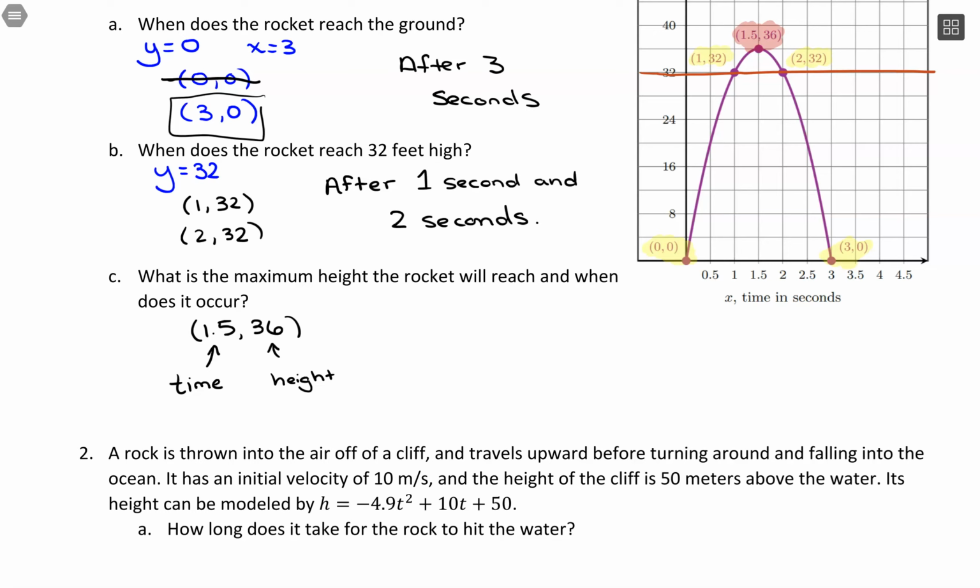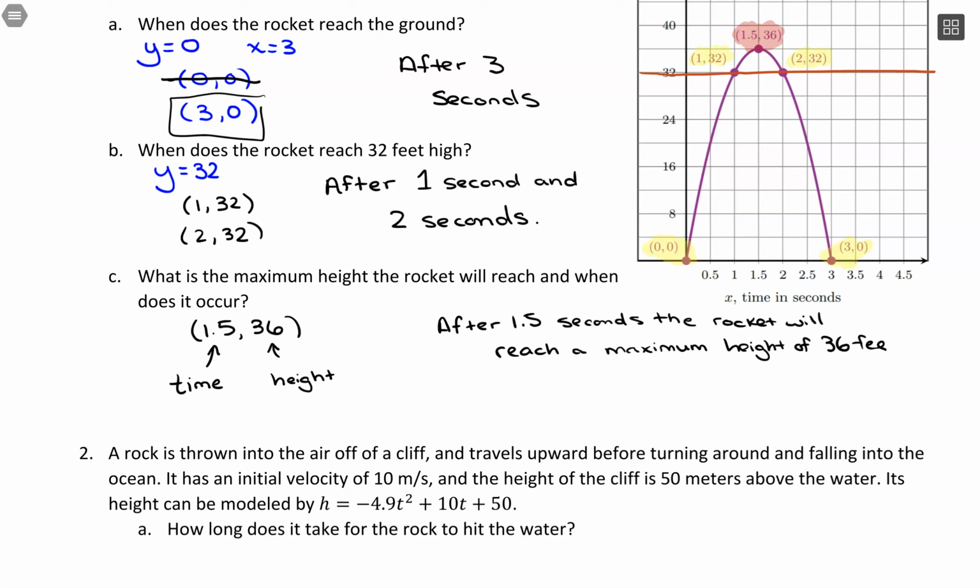So what this means is that after 1.5 seconds, the rocket will reach a maximum height of 36 feet. So when you look in terms of the y-axis, if that's all of our heights, that's the highest height that it will reach. That maximum height.